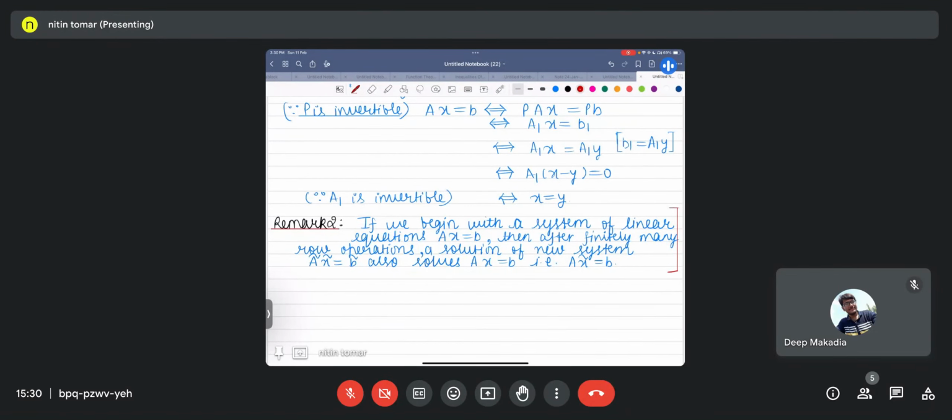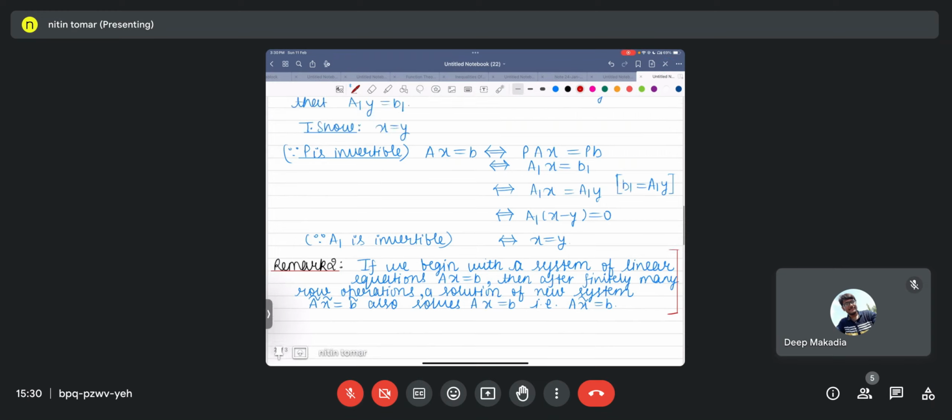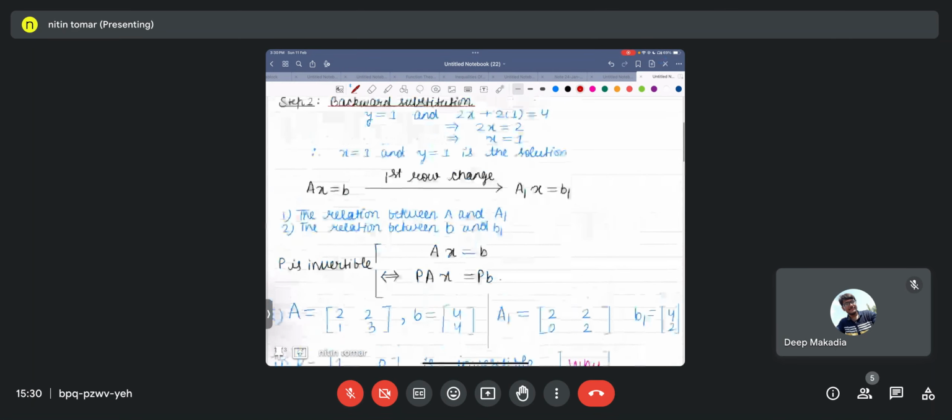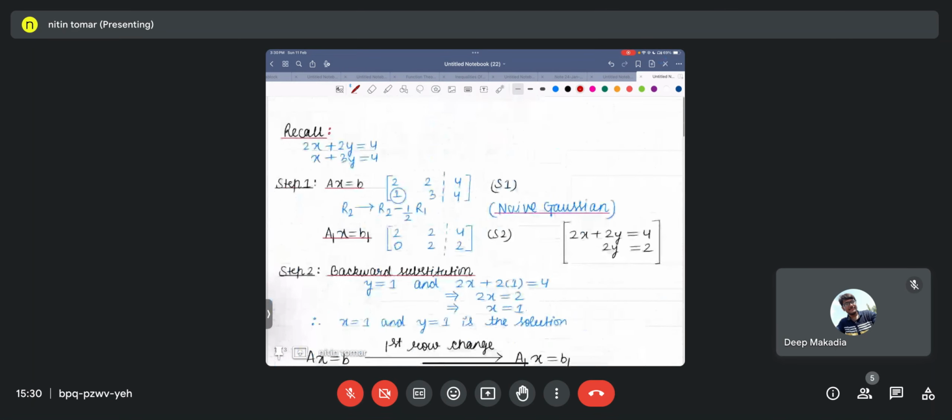Okay, let me ask you a very basic question. Why do we only perform row operations? Why don't we perform column operations? Do you get my point? Do you mean mixing row and column operations, or only column operations?